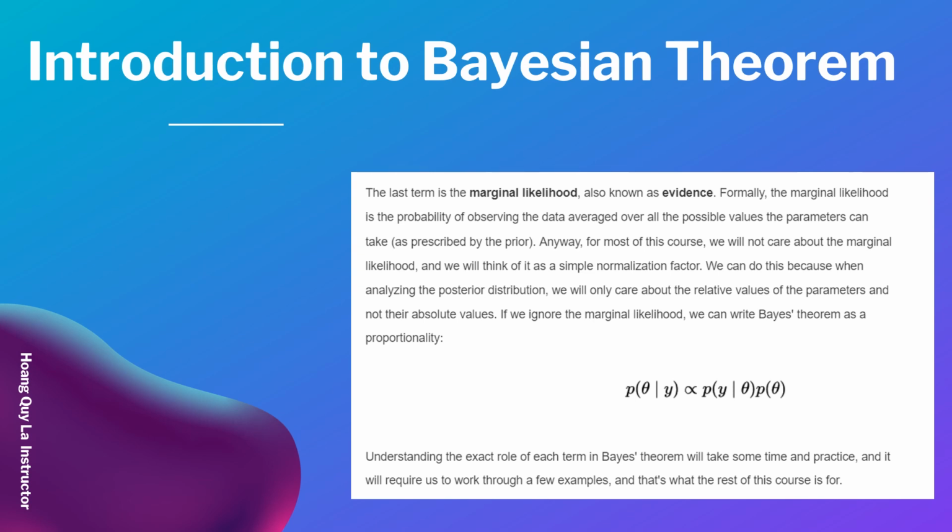So if we ignore the marginal likelihood, we can write Bayes' theorem as a proportionality like this: p(θ|y) is proportional to p(y|θ) times p(θ).